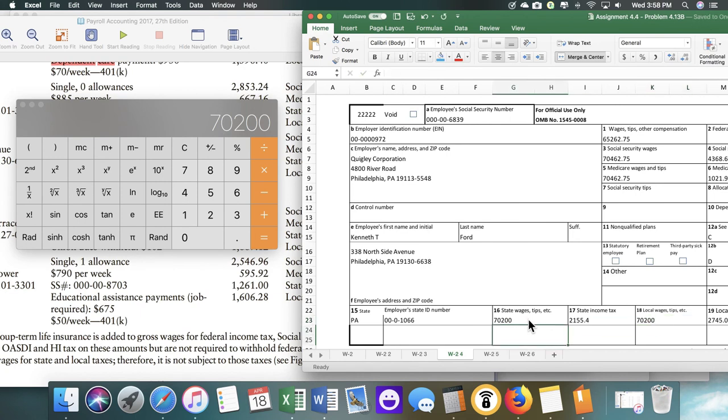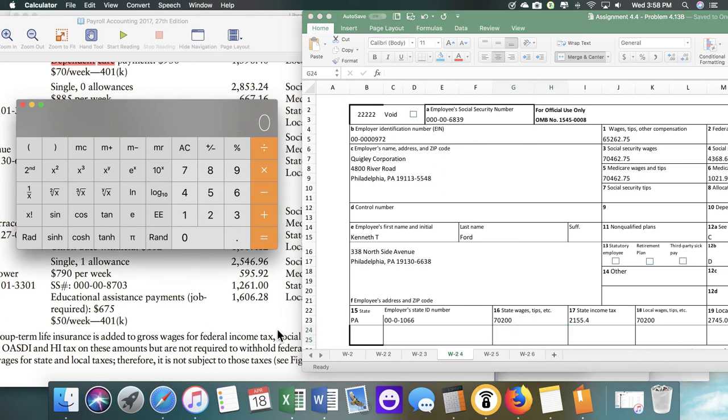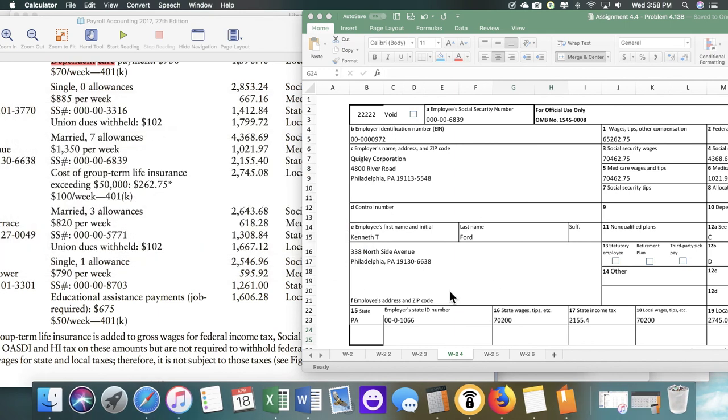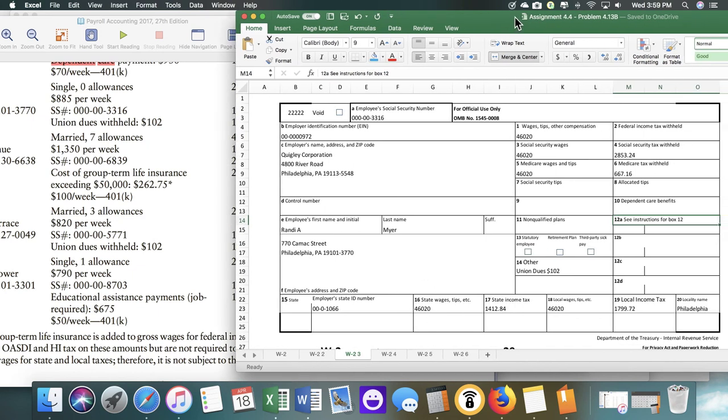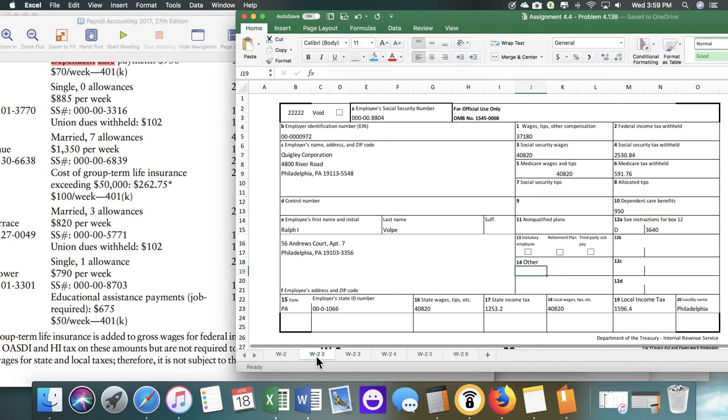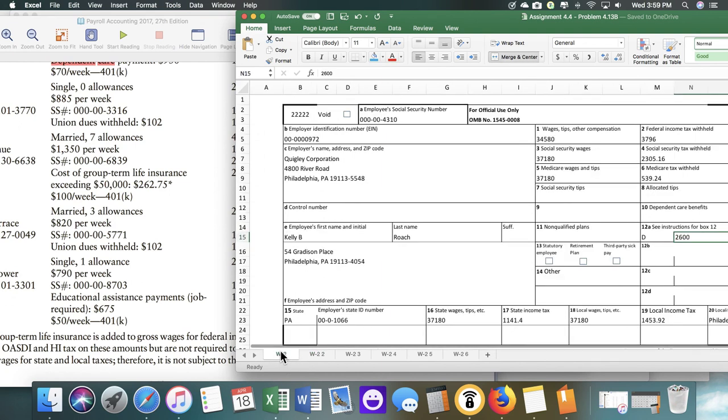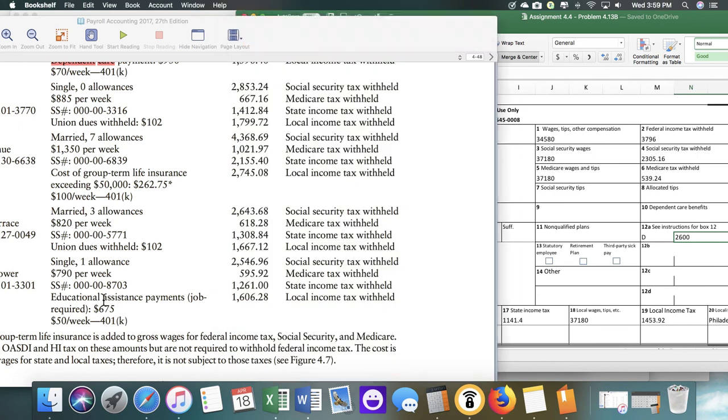I know that one is going to be a little confusing. Luckily, there is nothing this complex on your final project. For the final project, you're going to have basically ones that are like Myer, Volp, and Roach. So those are the pretty standard ones.